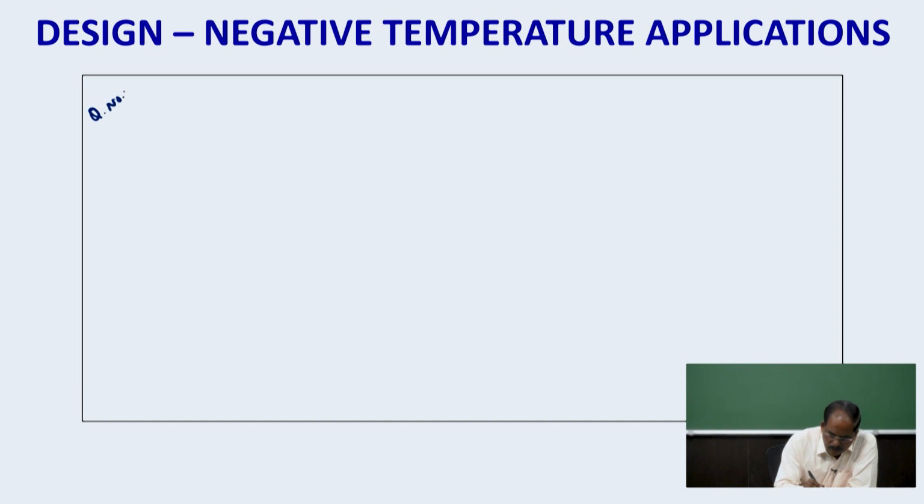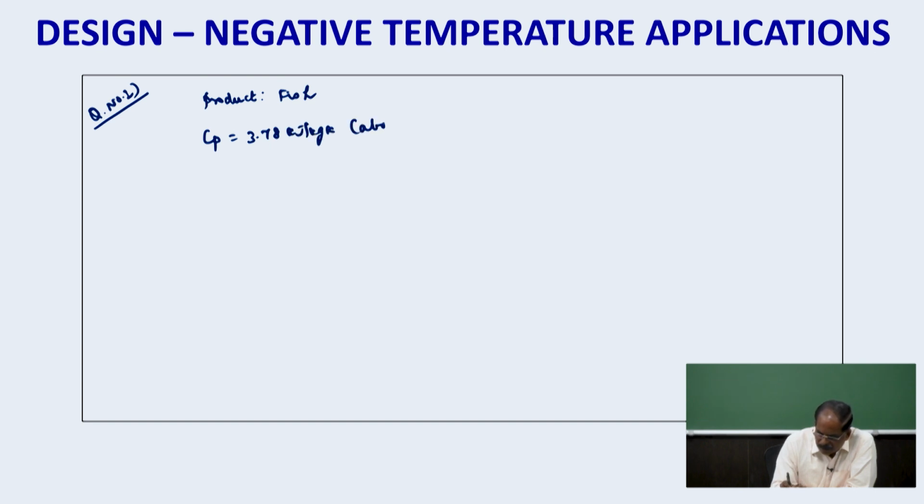Question number 2. The product to be stored is fish. CP is 3.78 kilojoule per kg Kelvin above freezing, and CP is 2.14 kilojoule per kg Kelvin below freezing.